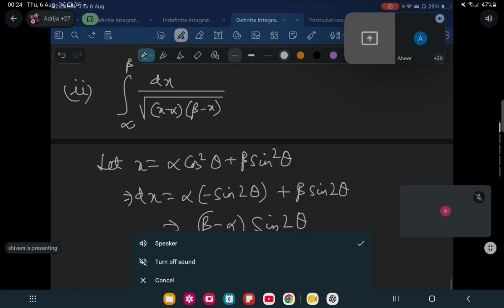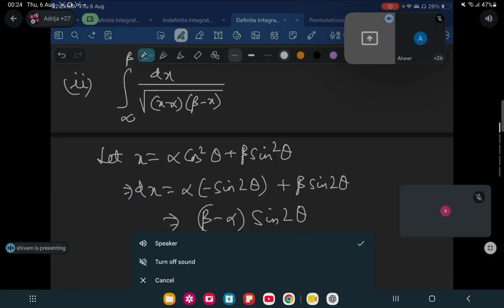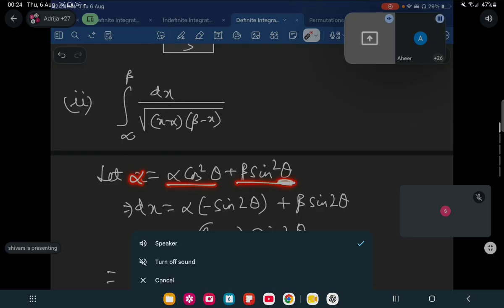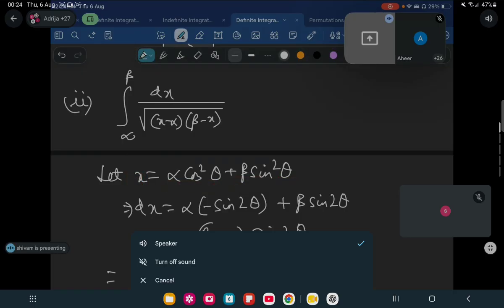Okay, let us substitute. As x tends to alpha, alpha equals alpha cos square theta plus beta sine square theta. This is only possible when theta is equal to 0. So you'll get integral from 0 to pi by 2.